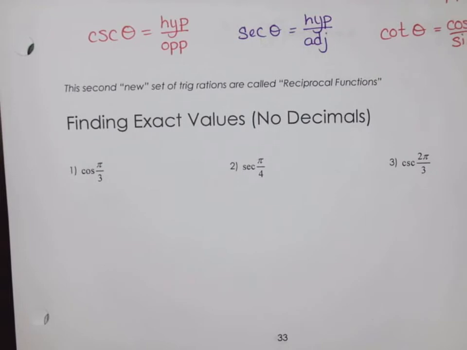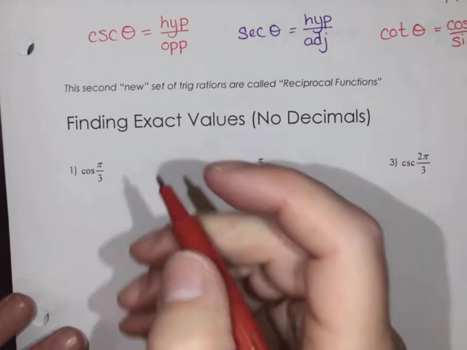What quadrant are you in? So you know it's going to be positive, right? And my options are going to be either 1/2 or root 3 over 2. Because cos is x and sine is y, right? So it's 1/2.